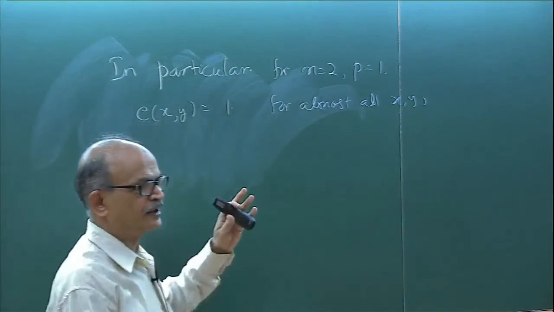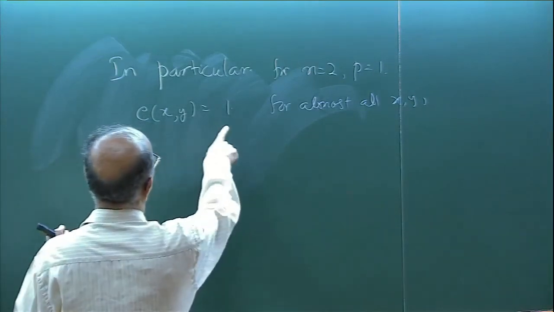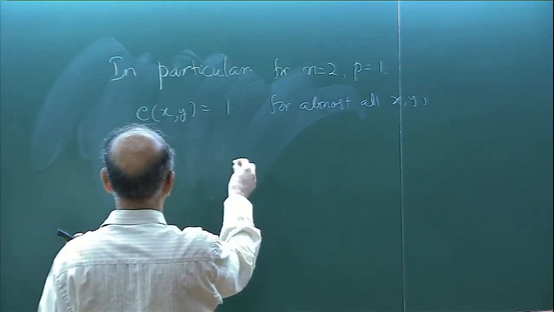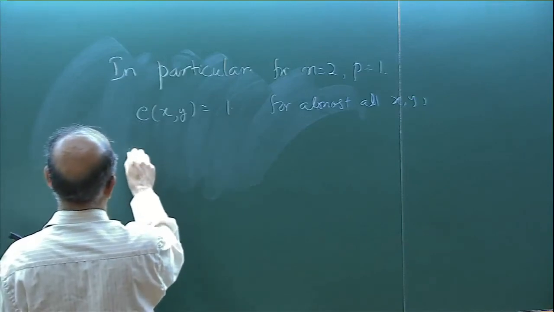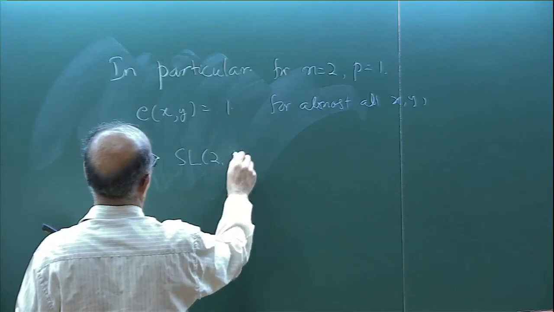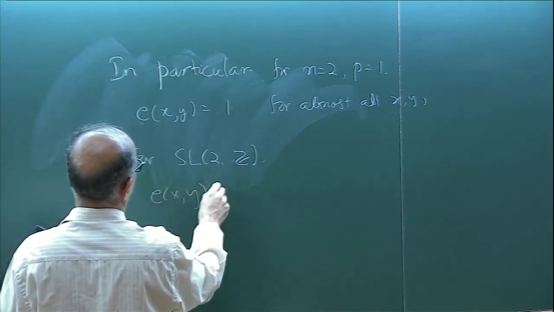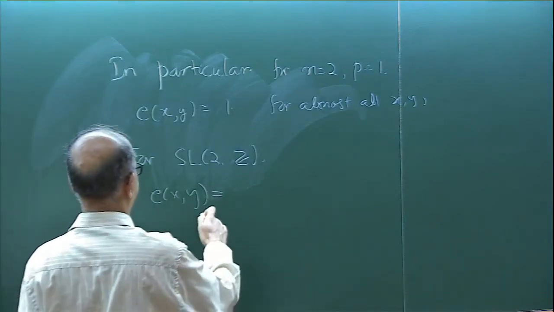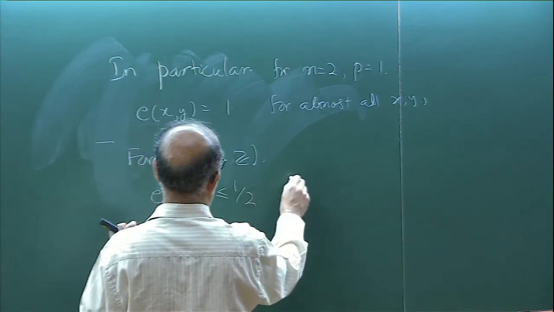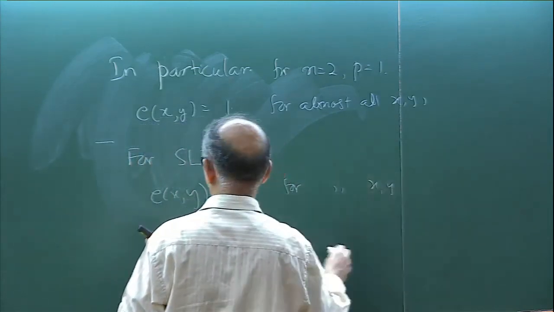And if you recall, for the case of SL2Z, the corresponding statement could only be that the exponent E(x,y) is less than or equal to half for almost all x, y, and this is known.